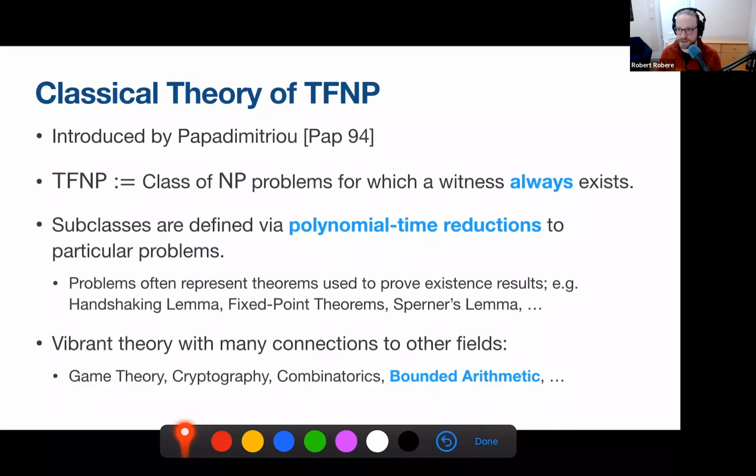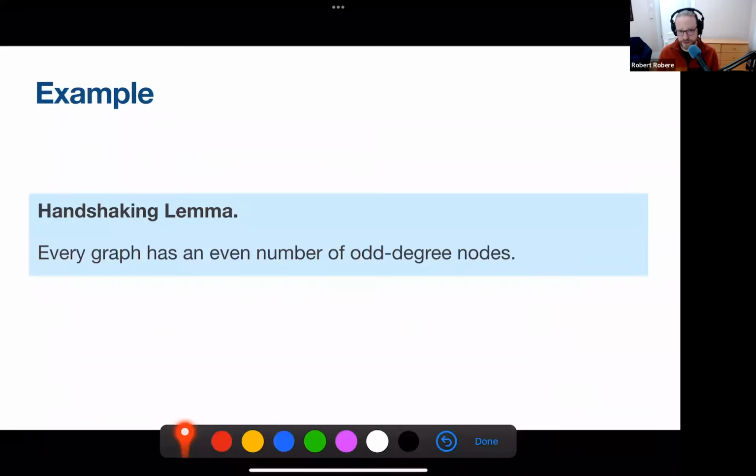So this is the class of NP problems where a witness always exists. Subclasses are then defined by reductions to particular problems. And these problems usually represent theorems that prove existence results. For example, the handshaking lemma, fixed point theorems, Sperner's lemma, and there are tons of connections of this theory with other fields. So let's give a quick example.